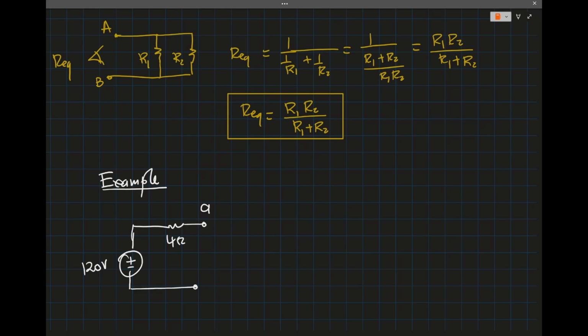So this is A, this is B, and let's say we have 18 ohms. Okay, and then we have 3 ohms, and then we have 6 ohms connected.